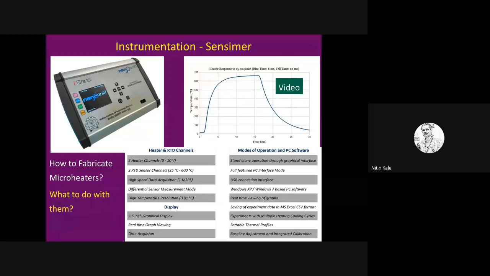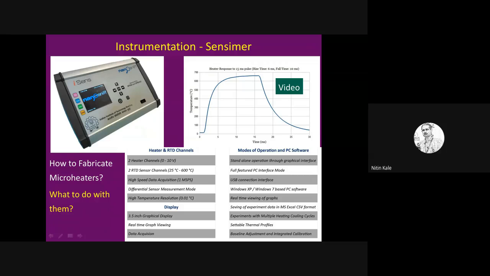You can apply different kinds of waveforms. You can do a sine wave, a triangular wave, a square wave, a trapezoidal wave, whatever. You can see how the temperature changes. You can do the timing control as well. You can find out the rise time and the fall time.